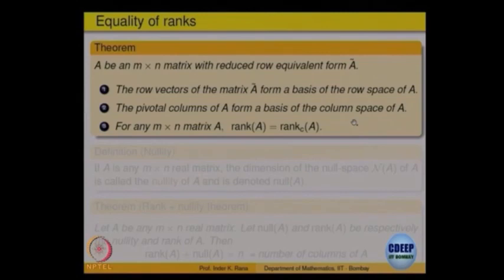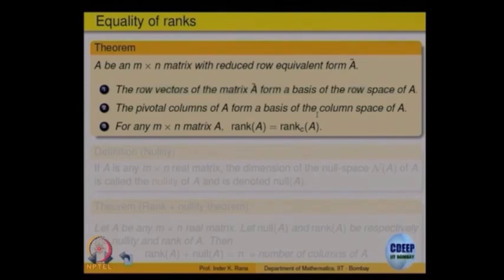So I am trying to tell you how to get a basis of the row space, how to get a basis of the column space. How do you get the basis of the row space? Take the matrix, bring it to row echelon form, the top non-zero rows will give you a basis for the row space, right.